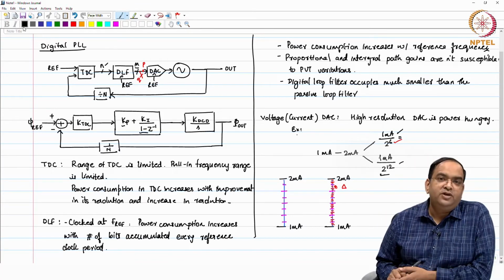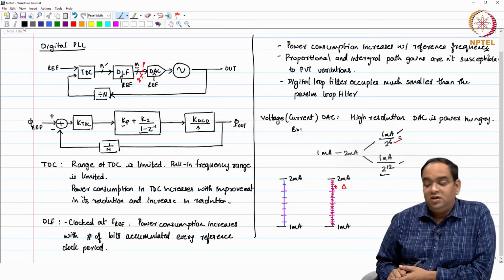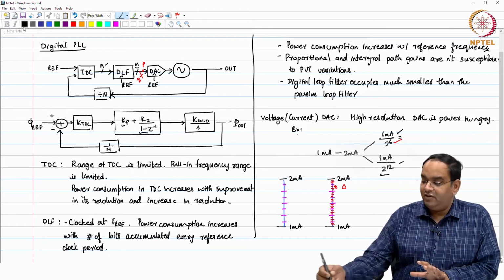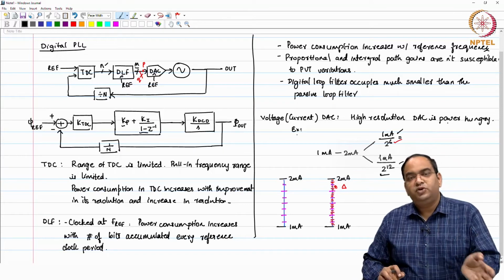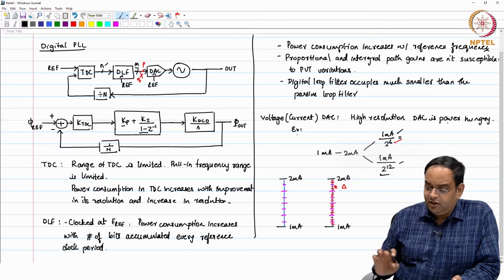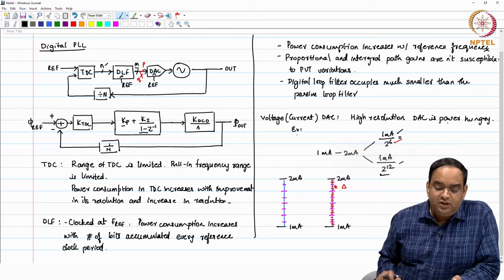So, that is the quantization error which your DAC is going to see. Now given this, well, a high resolution DAC is power hungry. So, you can have a lower resolution, you can adopt some other ways, we can look at it later, but that is the problem which you will see.